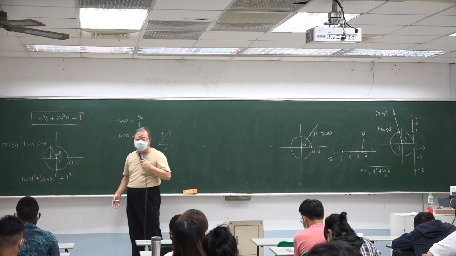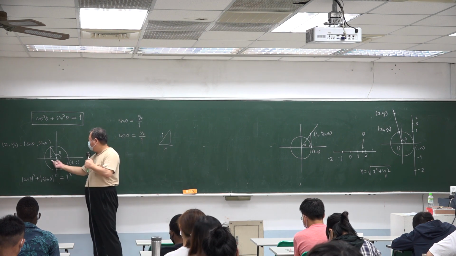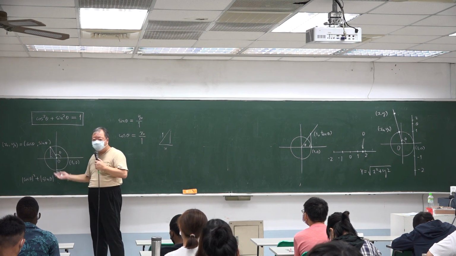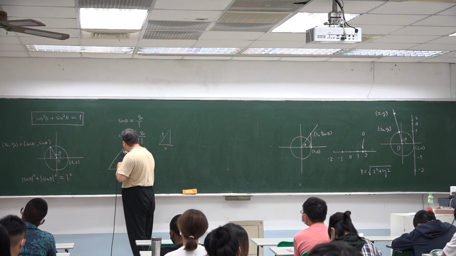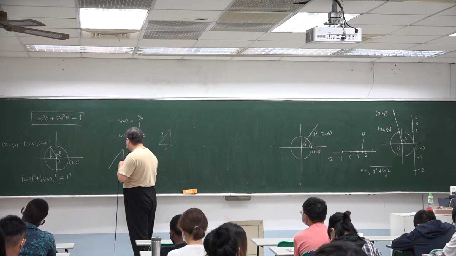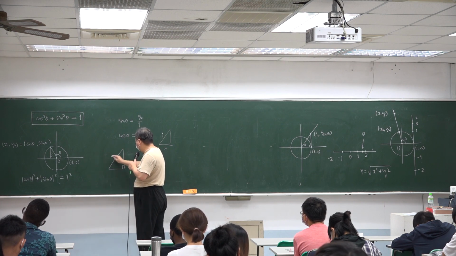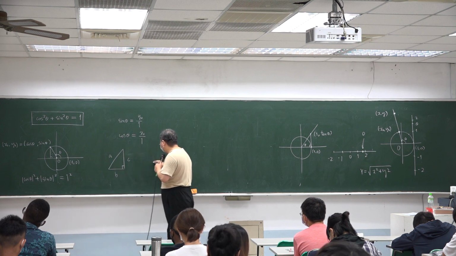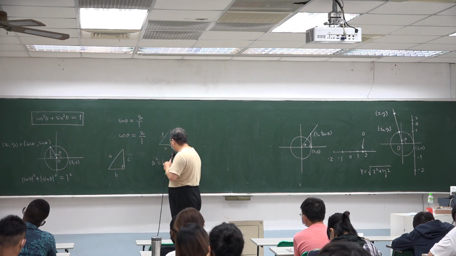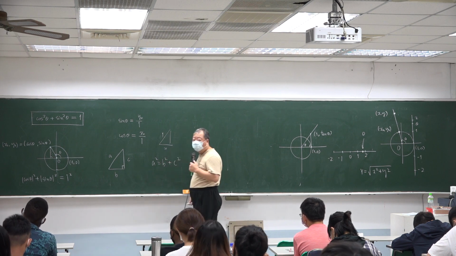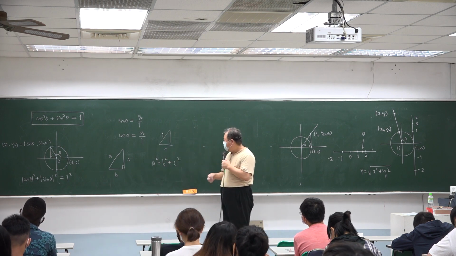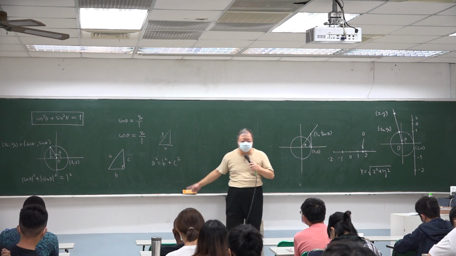The sum of the squares of the two legs, one leg, two legs. Got it? For any right triangle, we always have a squared equals b squared plus c squared. Okay, take a short break. We will review this one.